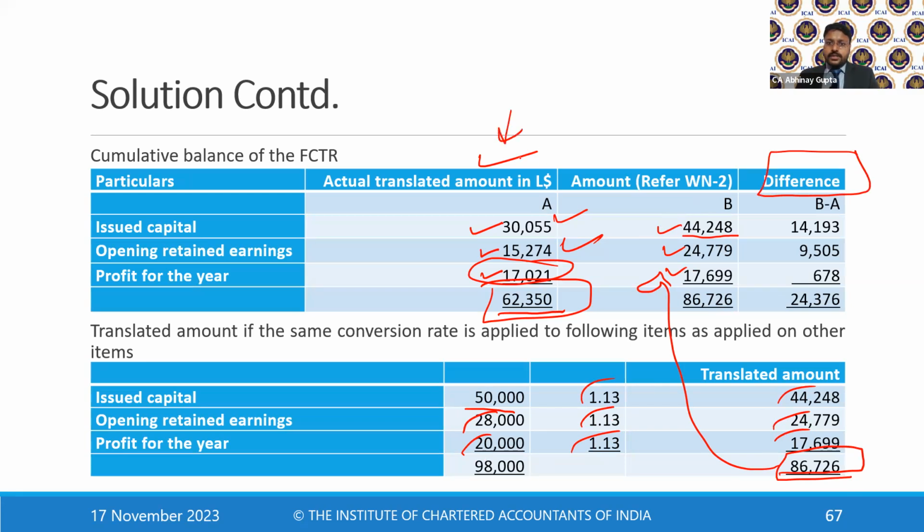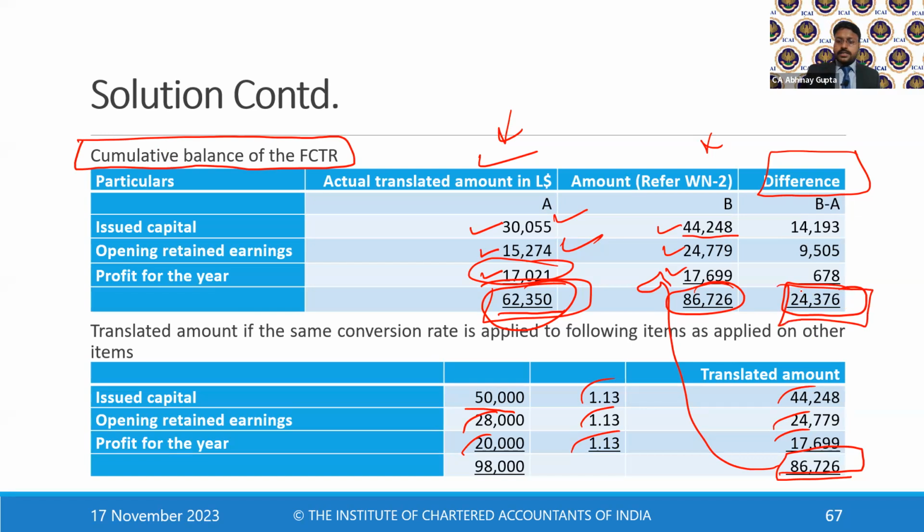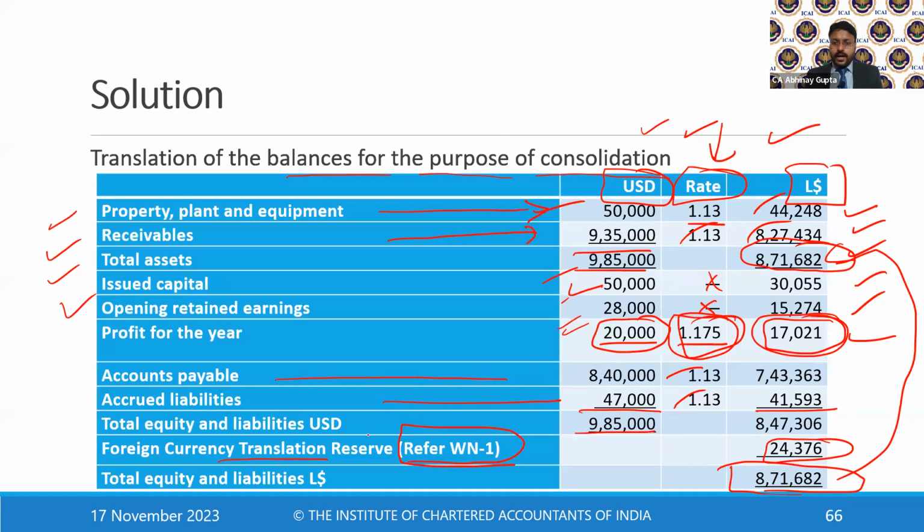By doing this, this would be the amount, and by conversion, this would be the amount. Whatever the delta is will sit in the foreign currency translation reserve account, the cumulative balance. So this 24,376 is the FCTR reserve that we need to add in our other equity here in order to reconcile our balance sheet. Then the balance sheet will be reconciled, right?